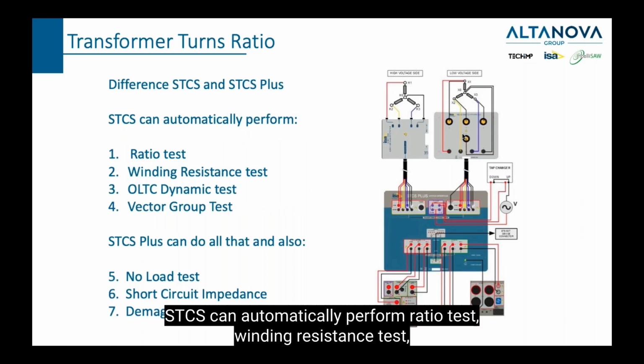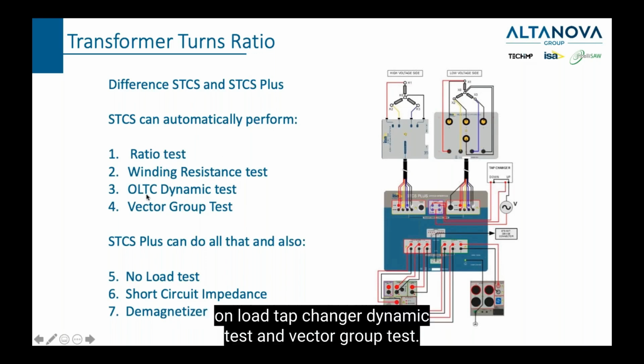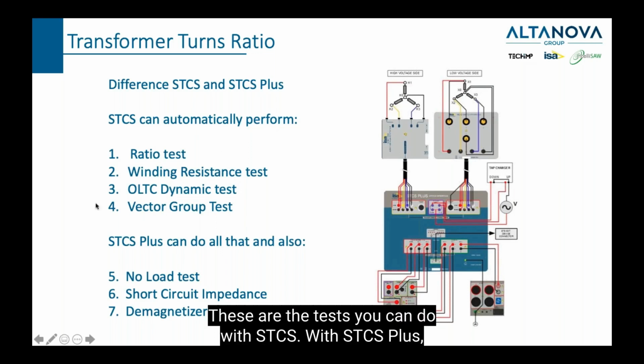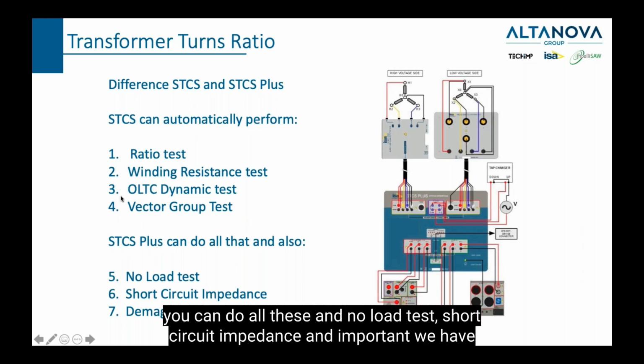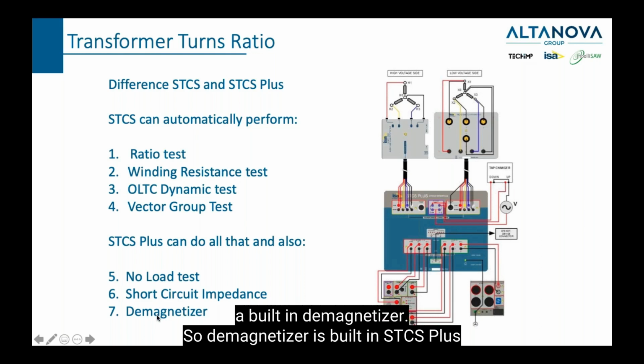It makes sense because there is a difference between STCS and STCS Plus. STCS can automatically perform ratio test, winding resistance test, on-load tap changer dynamic test, and vector group test. These are the tests you can do with STCS. With STCS Plus, you can do all this, plus no load test and short circuit impedance, and importantly, we have a built-in demagnetizer.